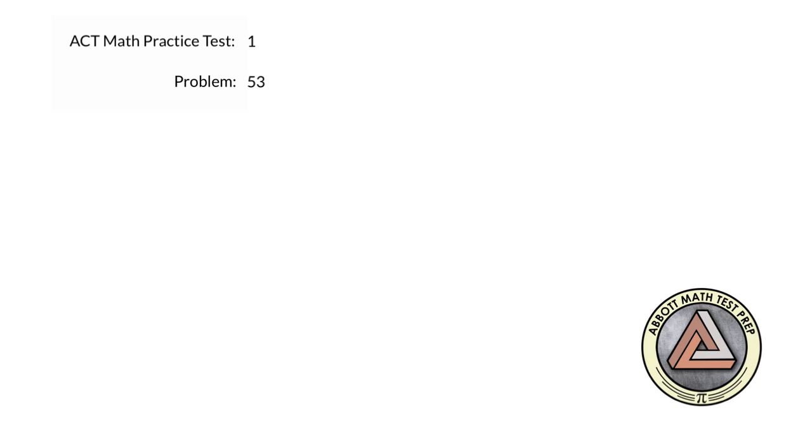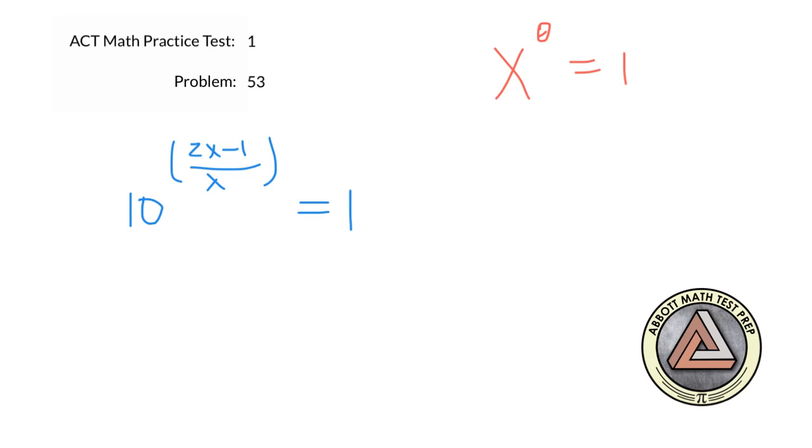So problem number 53 relies on you remembering that anything raised to the 0 power equals 1. So if they say something like 10 raised to the (2x minus 1) over x, and that equals 1, well then this exponent has to be 0, because the only exponent that you could raise 10 to and get a result of 1 is the exponent of 0.